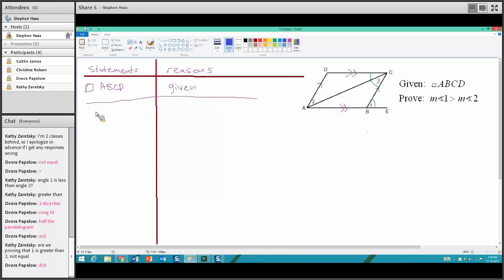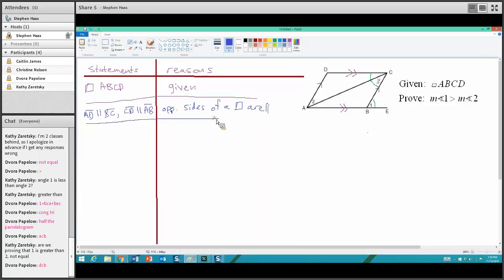So we'll say AD is parallel to BC, and, let's do the same thing, CD is parallel to AB because opposite sides of a parallelogram are parallel.